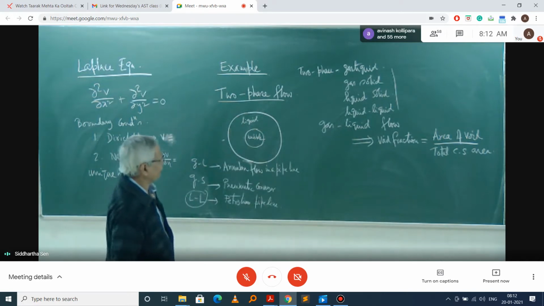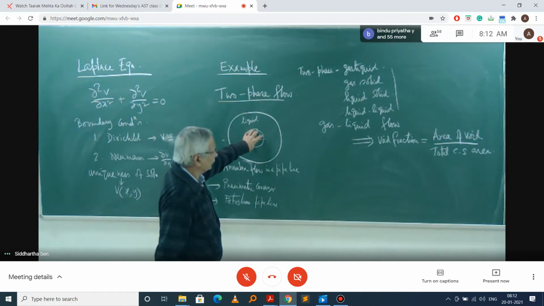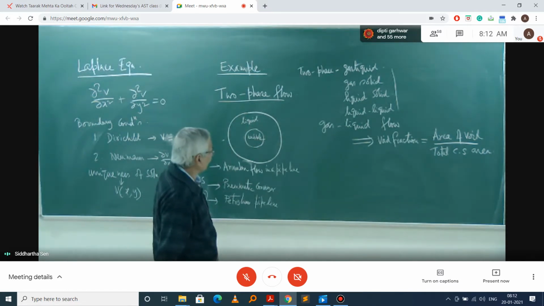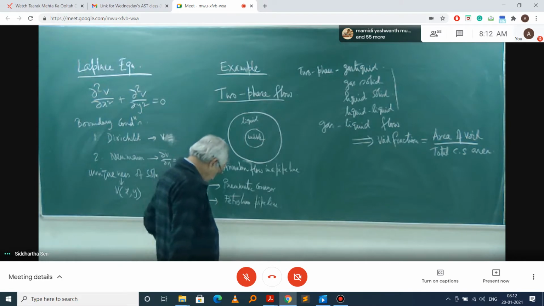There are in fact a number of tubes. So we need to know the amount of void there, and that is called the void fraction: the area of the void, for gas liquid flow, divided by the total cross-sectional area. This is often required to know and estimate.